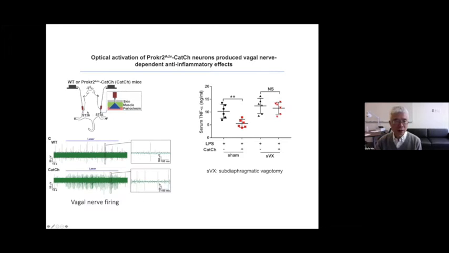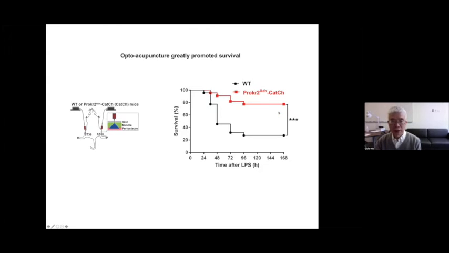This optogenetic stimulation essentially mimics electrical acupuncture, can reduce systemic inflammation in a vagal nerve dependent manner, and can greatly promote animal survival. You can see just 15 minutes of stimulation can increase animal survival rate from 30% to almost 80%.